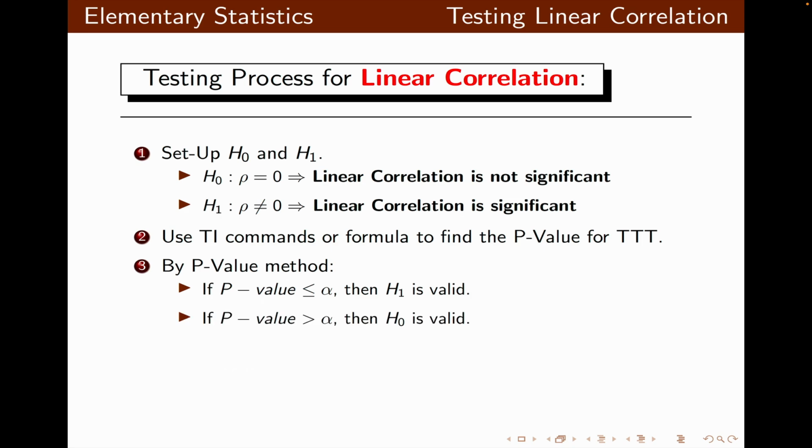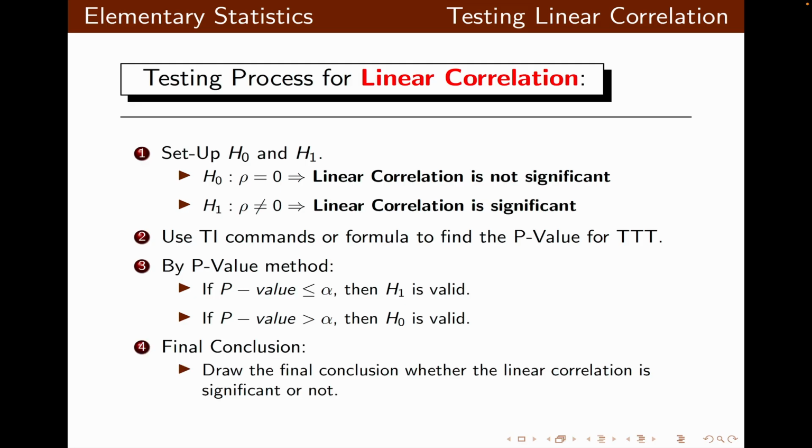And if the p-value is greater than alpha, then H0 is valid, which implies linear correlation is not significant. And as usual, the final conclusion should be about, in this case, whether the linear correlation is significant or not.